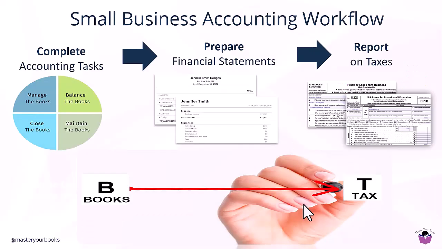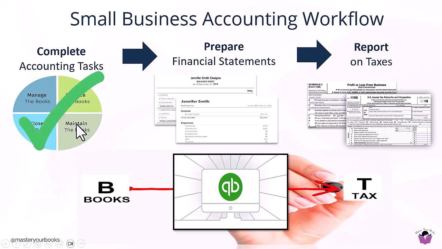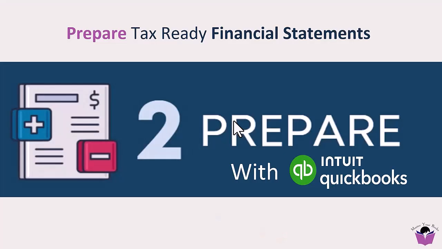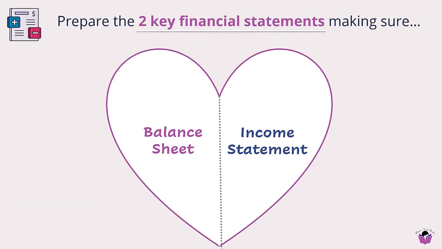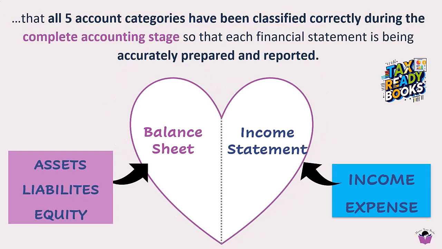So we're going to continue in the small business accounting workflow. We went ahead and completed the accounting tasks, which means we are ready to prepare financial statements. But we're not only preparing financial statements, we're preparing tax-ready financial statements because we've been preparing these numbers year-round, which means we've been preparing the 2 key financial statements, the balance sheet and the income statement, and making sure that these transactions have been categorized to the 5 main account categories: assets, liabilities, and equity for the balance sheet, income and expenses for the income statement or profit and loss.